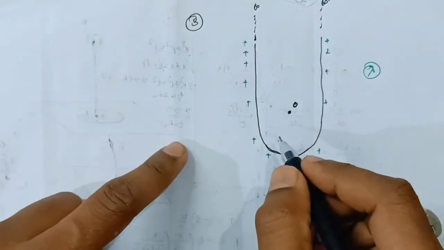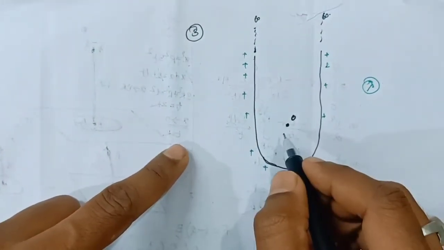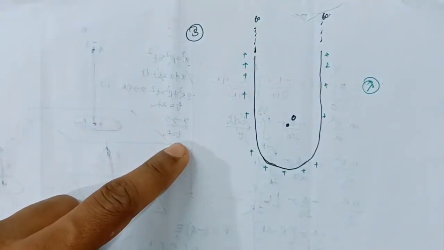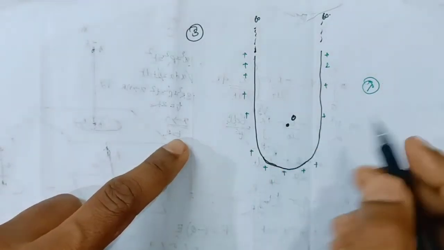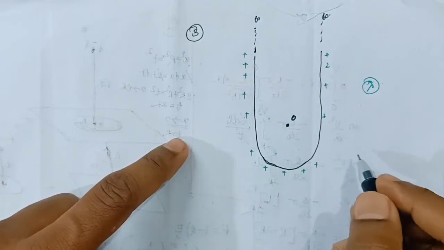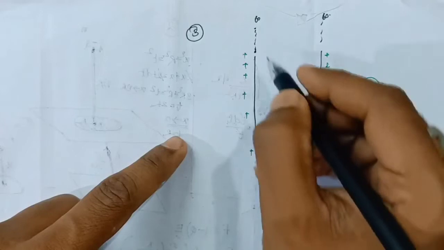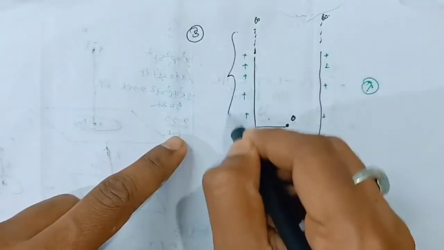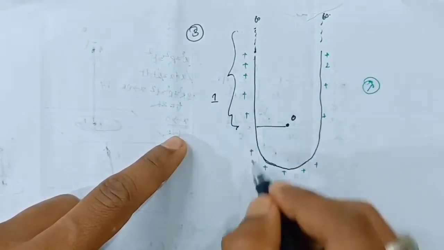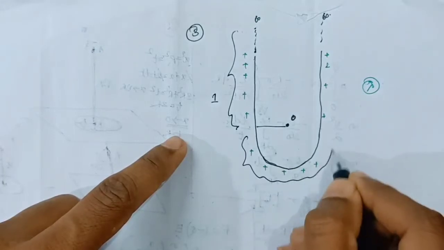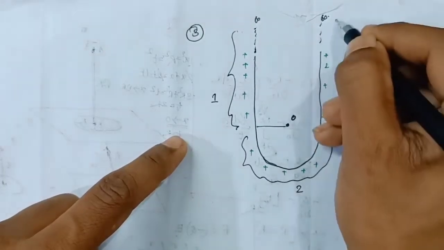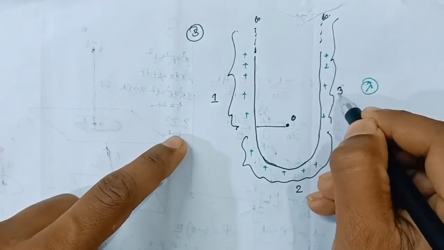To solve this question, a student has to think about the expression of the electric field due to a one-end-goes-to-infinity rod. If I break this into segments, here to here is segment 1, here to here is segment 2, and here to here is segment 3.